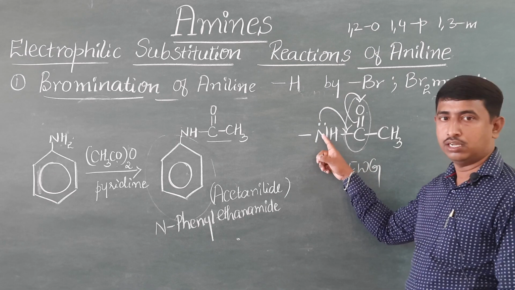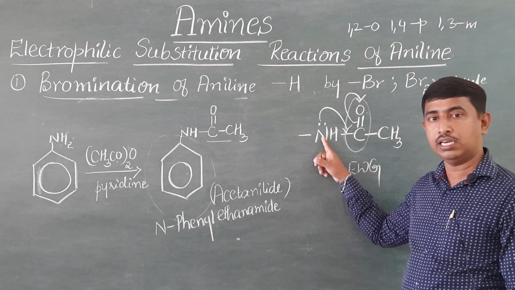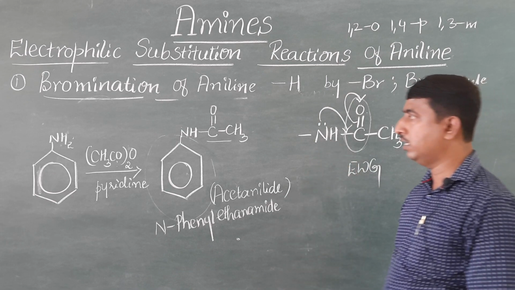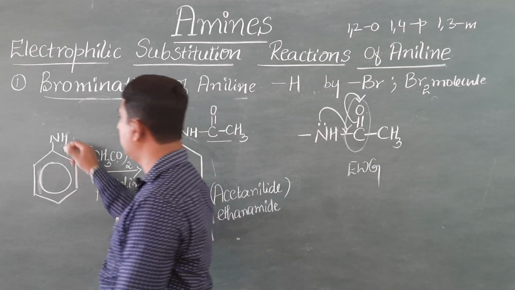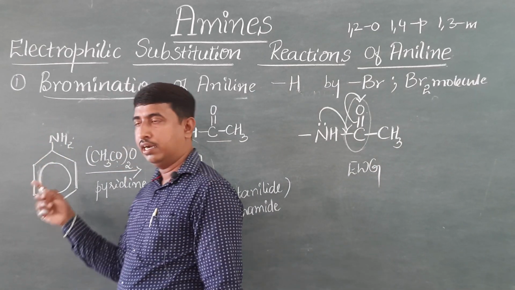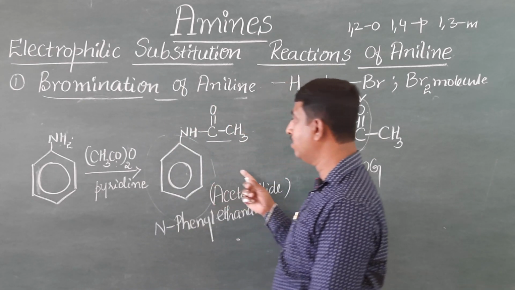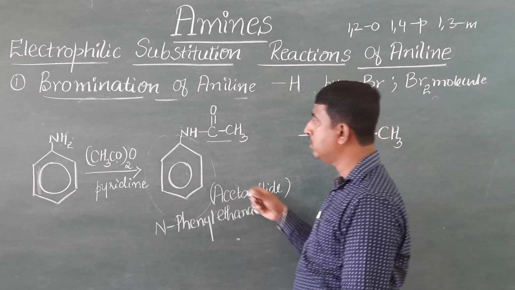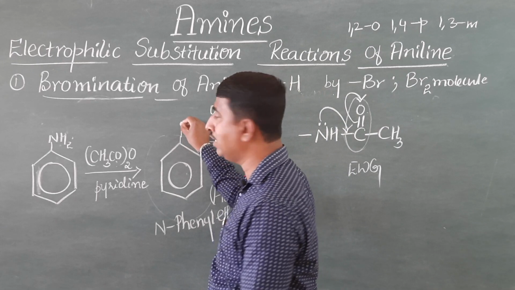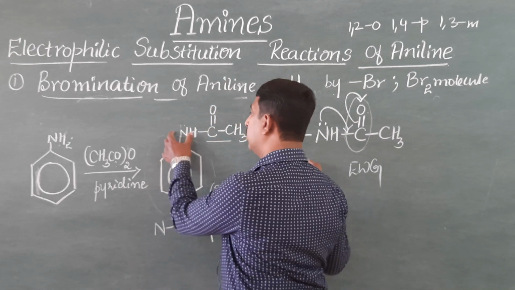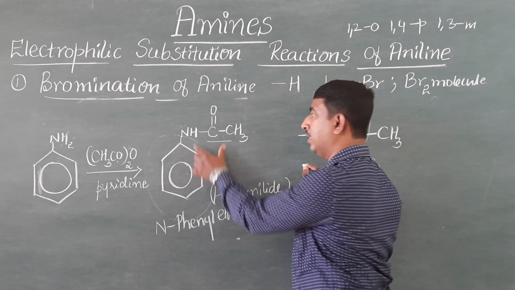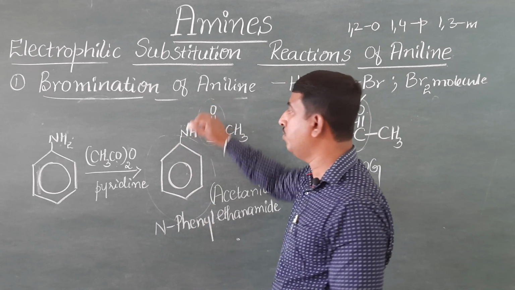As a result, the electron donating capacity of nitrogen decreases. Initially, when it was free, it was going into the benzene ring. Now, if we carry out acetylation, it cannot directly donate the electron to the benzene ring, because partially the electrons are attracted by the electron withdrawing group.